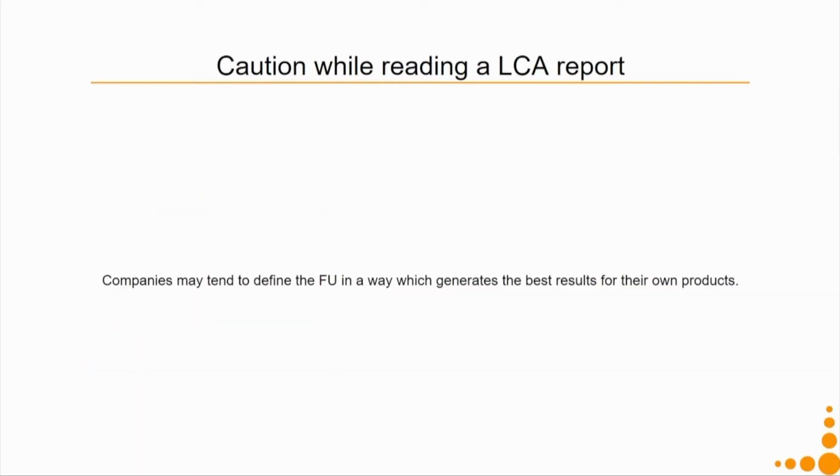So one caution while you are reading an LCA report, which has been prepared by someone else and you are reading it: companies may tend to define the functional unit in a way which generates the best results for their own products.